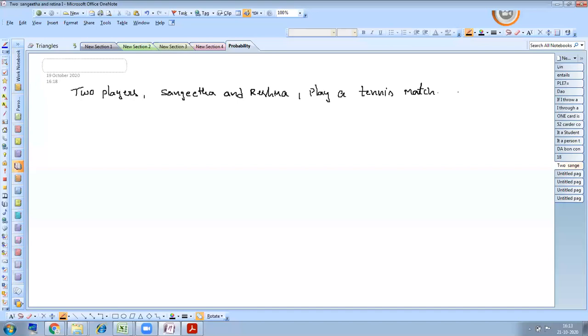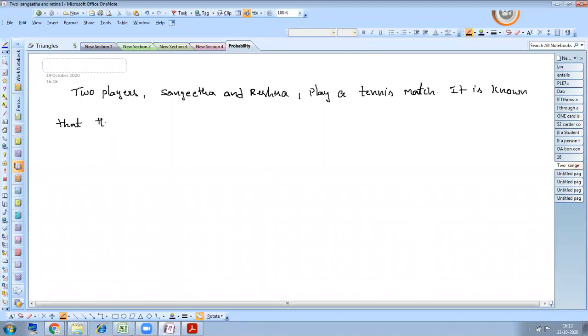It is known that the probability of Sangeeta winning the match is 0.62.